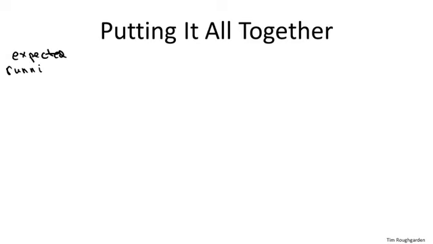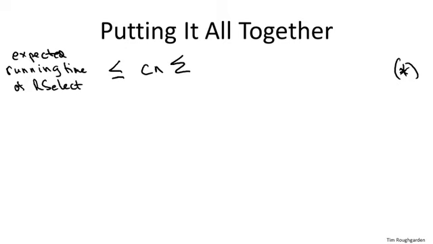So now we've got all our ducks lined up in a row. Let's wrap up the proof on this final slide. Inherited from part 1 of the proof, we have an upper bound on the expected running time of the RSelect algorithm. This is what we were calling star on the first proof slide. It looked a little messy, but we had the sum over the phases j, and two things that were independent of j, the constant c and the original input length n.